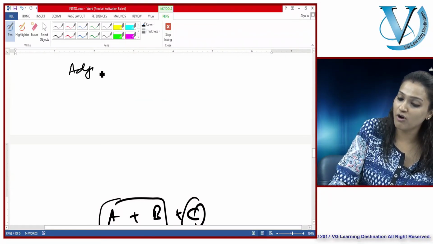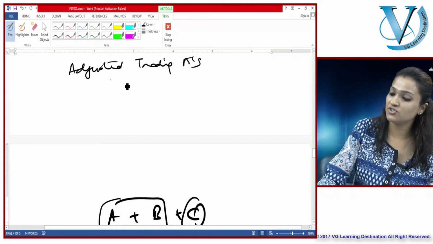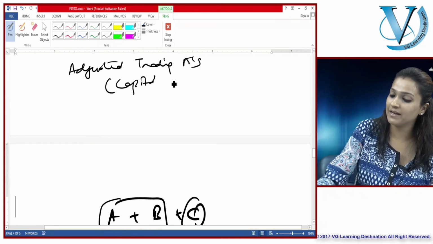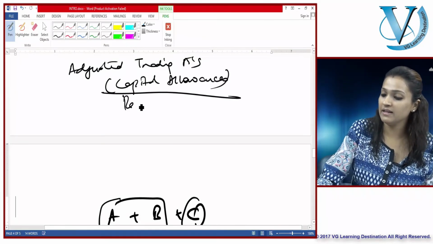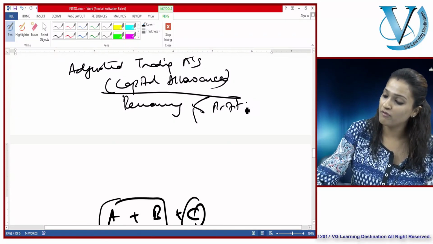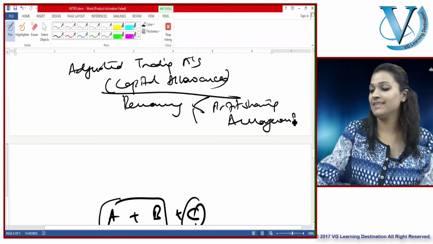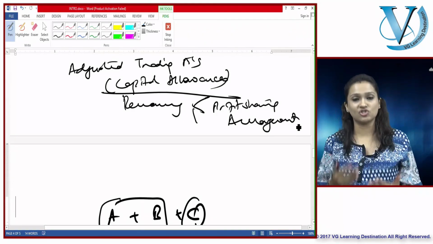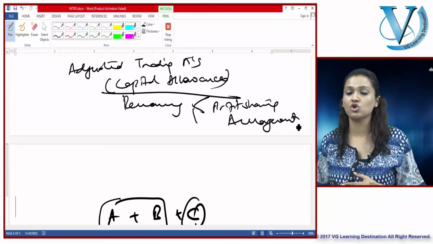Your adjusted profits get reduced by the amount of capital allowances, and thereafter the remaining gets divided in the profit sharing arrangement. Then thereafter give away your salaries, interest on capital, give away your profits in the profit sharing ratio.